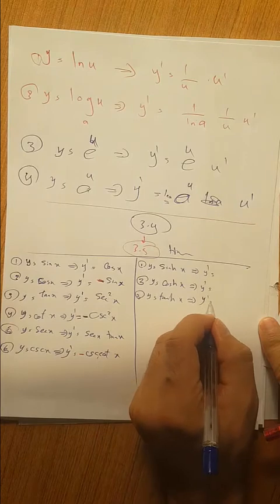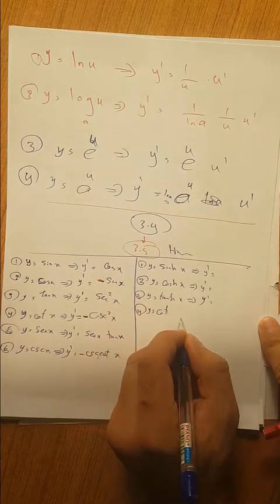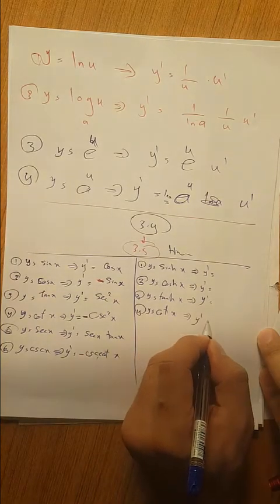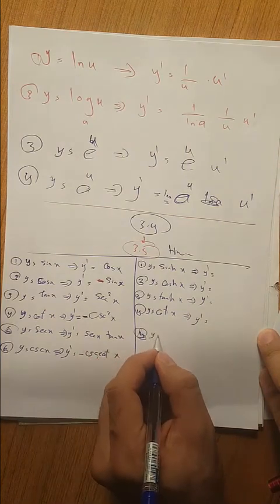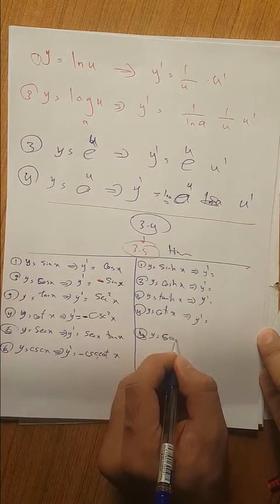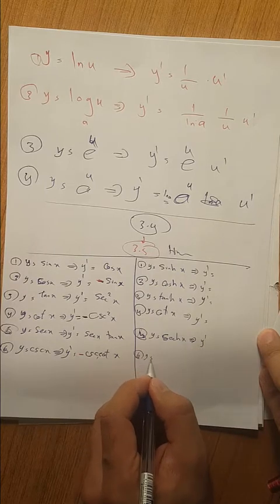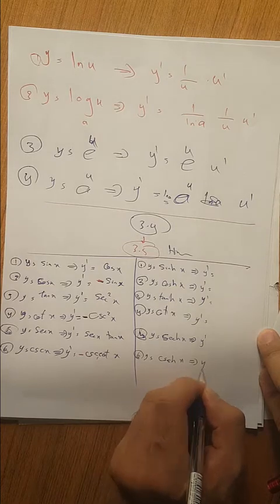Okay, we just have a rule, nothing else. Number 4, y equal to cotanh of x, then y equal to sech of x, and finally y equal to cosech of x, then y prime.